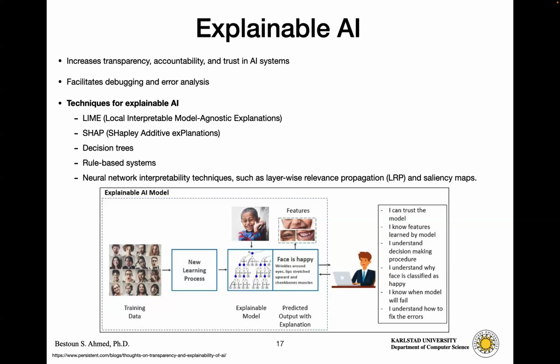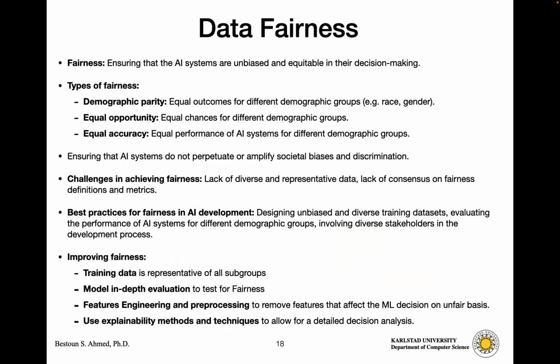Because, for example, there are several signs of making sure that the face is happy. So when the decision comes and it says that the face is happy because the person is laughing, for example. It's a very, very simple case, but this is how it is done for image processing. So there are many techniques for explainability, and this is also a very big area.